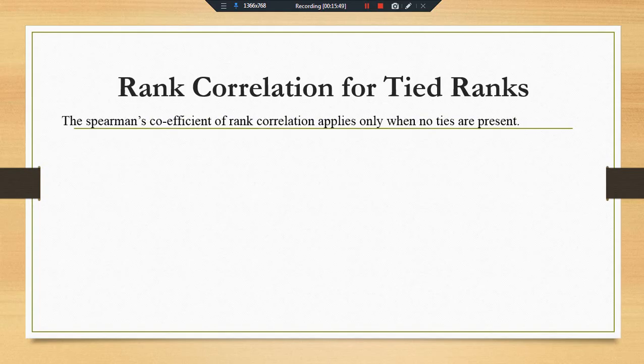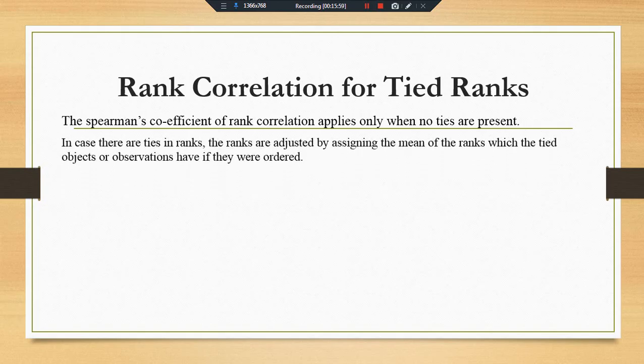Spearman's coefficient of simple rank correlation applies only when there are no ties present in the data. In the case of ties in rank, the ranks are adjusted by assigning the mean of the ranks which the tied observations would have had if they were ordered.